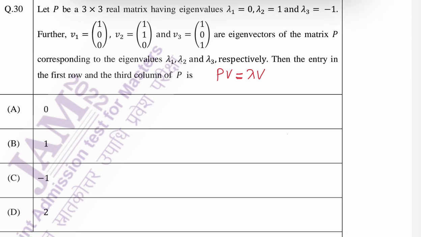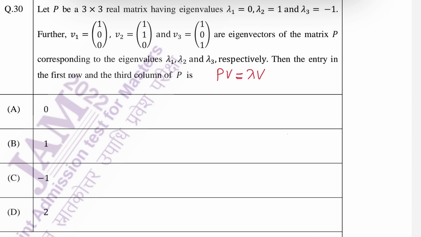And here you observe that imposing P, you see here P, this P has been imposed on this vector V, and by doing so you get a vector parallel to this vector V. Okay, so this is the relation between an eigenvalue and its corresponding vector.